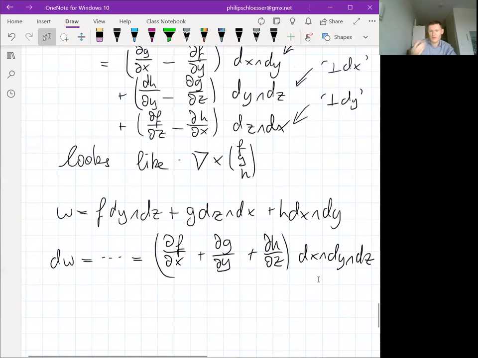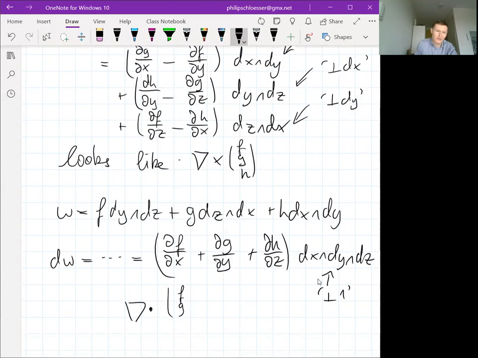So this thing is sort of perpendicular to 1, and it looks like the divergence of (f, g, h).